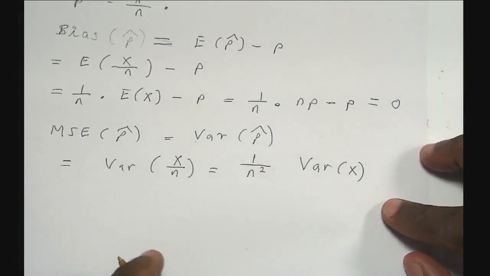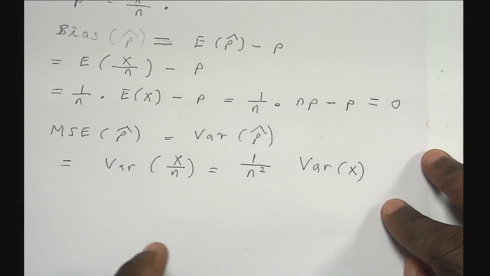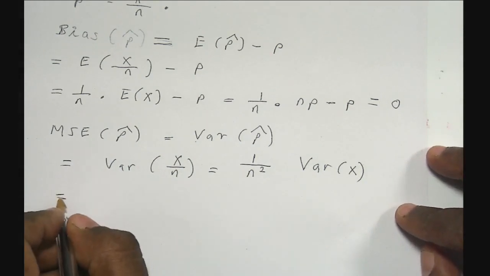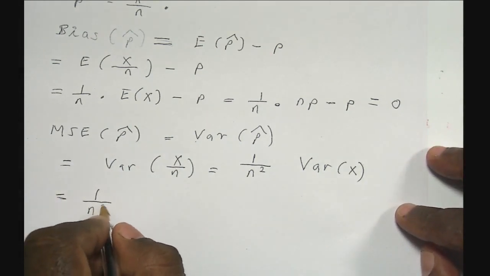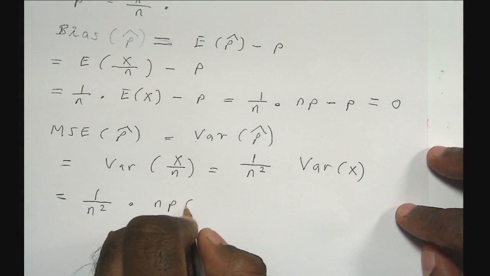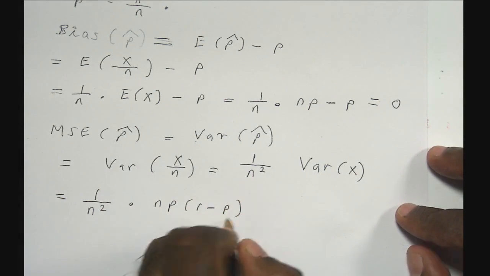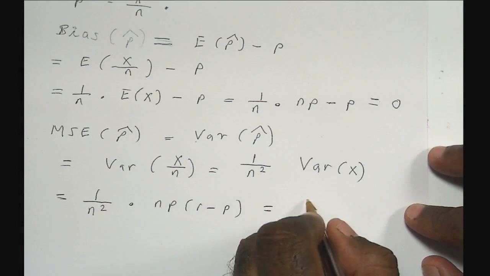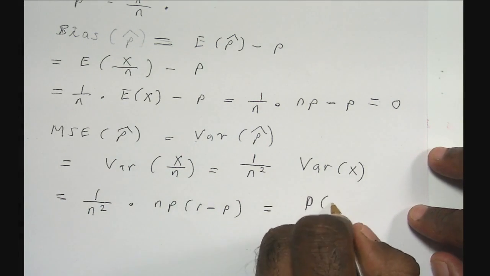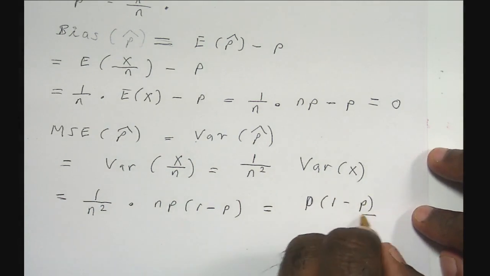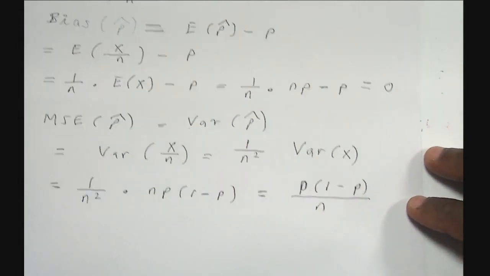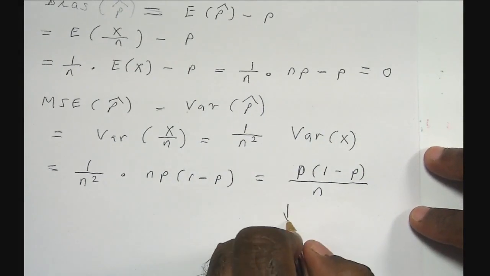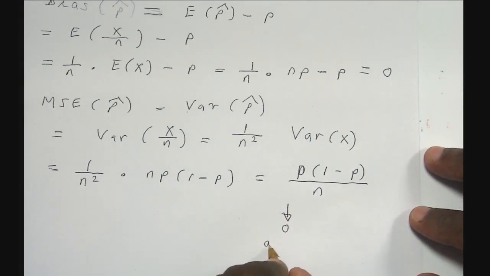Now I'm sure all of you remember the variance of a binomial variable is np times 1 minus p. So this becomes p times 1 minus p divided by n. And this clearly approaches 0 as n approaches infinity.